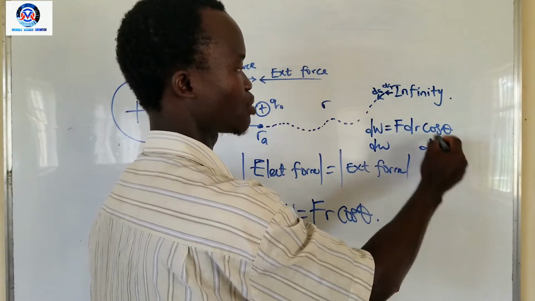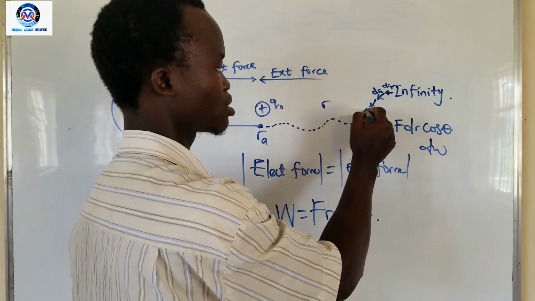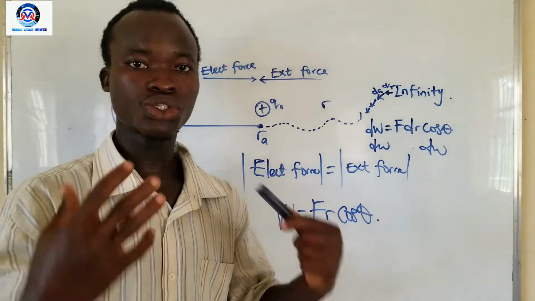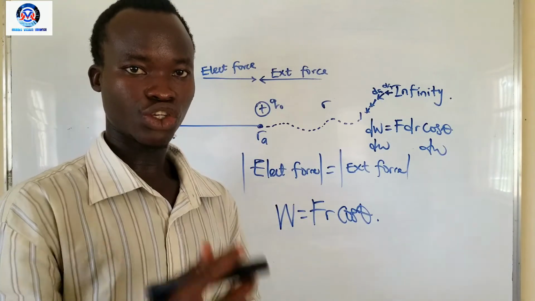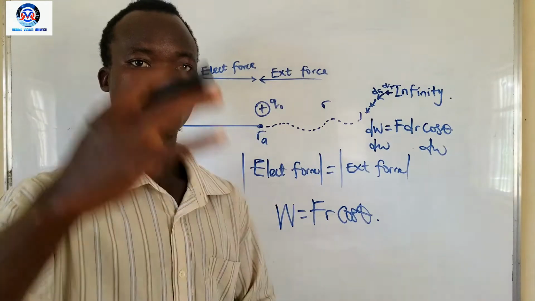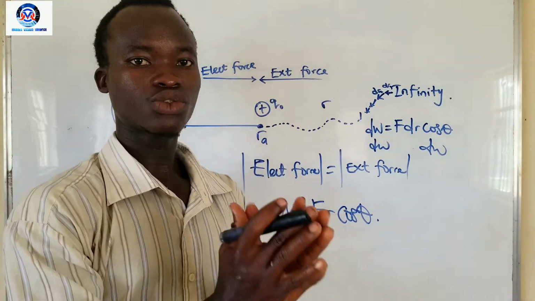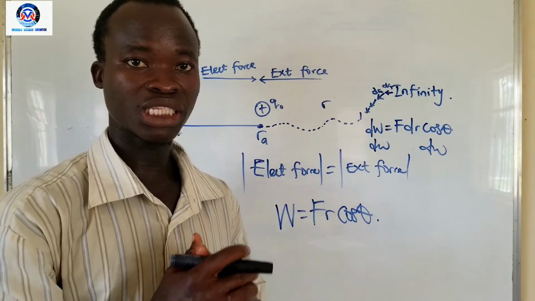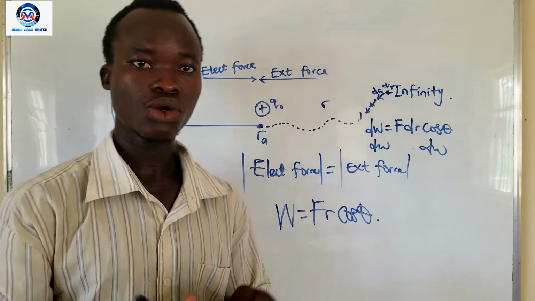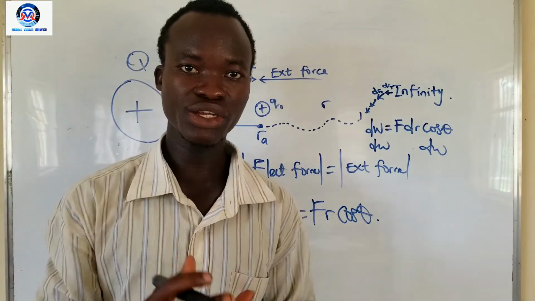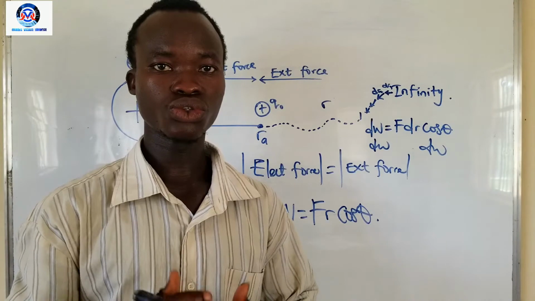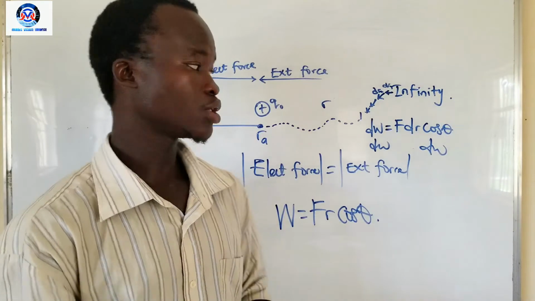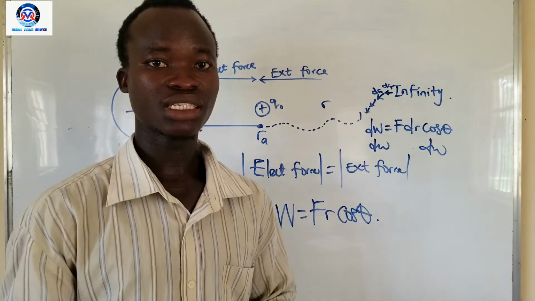So summing up the small work done gives us the total work done from infinity to point Ra. And the process of summing up is what leads us to integration. We are going to do some integration in the process of finding the work done on the charge from infinity to a point Ra against the electric field.